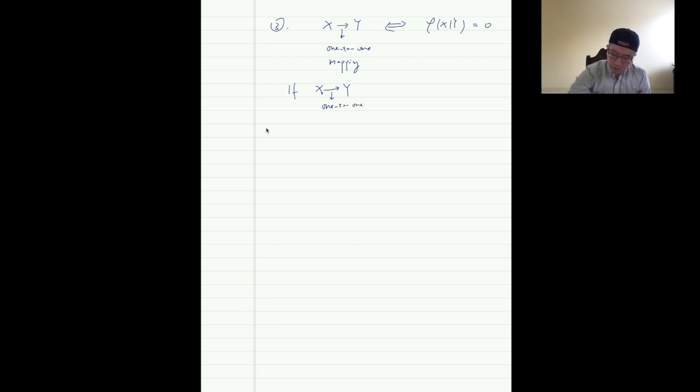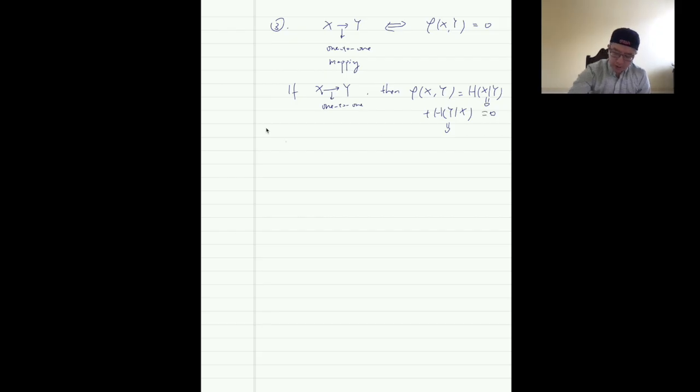Then we can see that rho xy equals H(X|Y) plus H(Y|X), because x and y is a 1-to-1 mapping, which means that if we know y, then we know x, and vice versa. Clearly, this will equal 0 because both entropies equal 0.